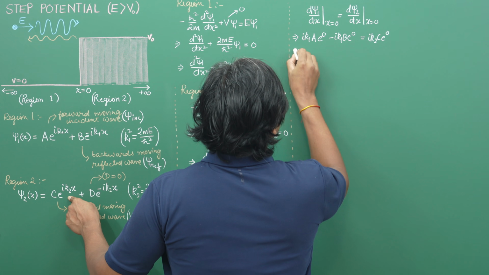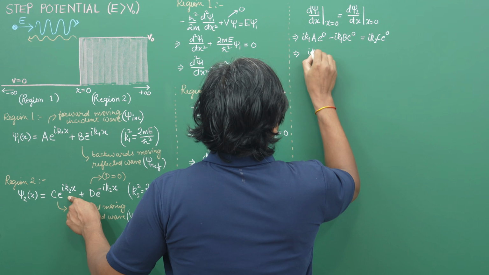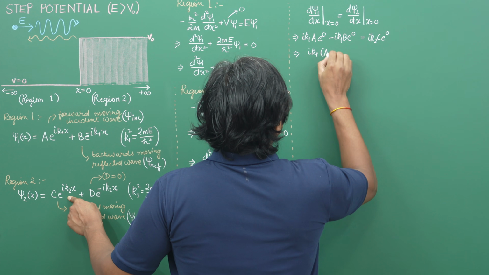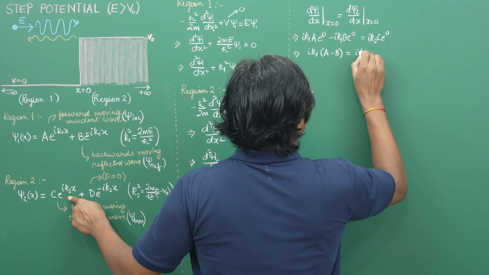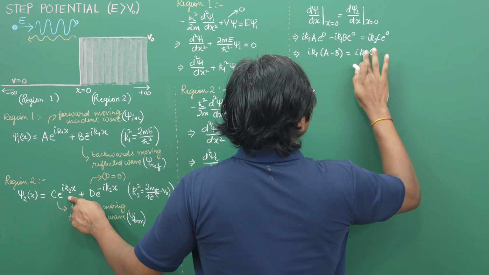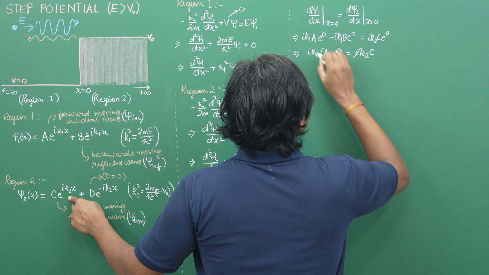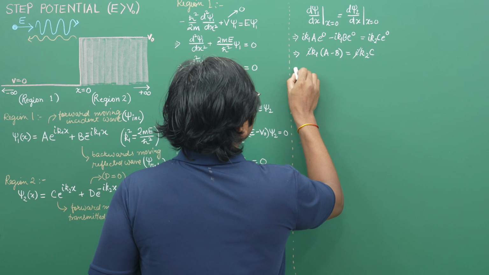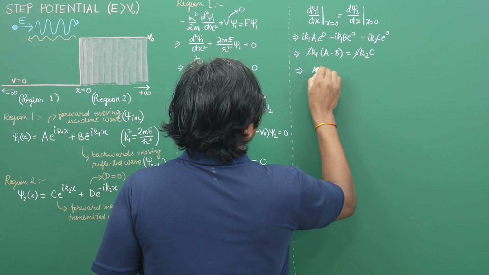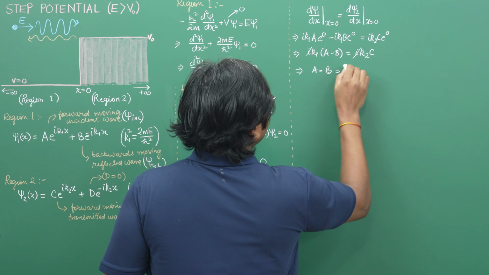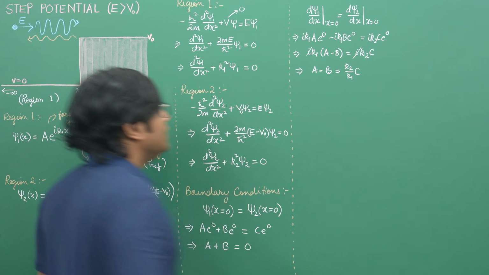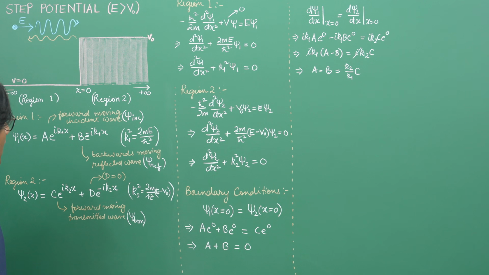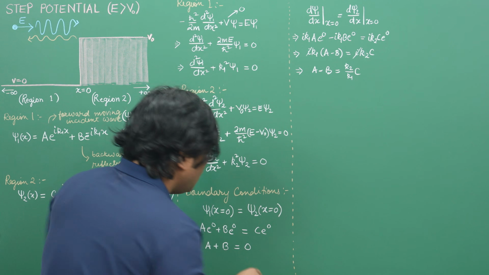So this simply means that iota k1 (A minus B) is equal to iota k2 C. Iota gets cancelled and we are left with A minus B is equal to k2 upon k1 times C. Now here what we can do is, let us imagine that this is point number 1.